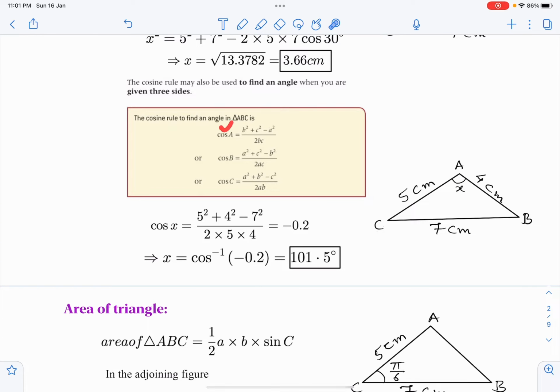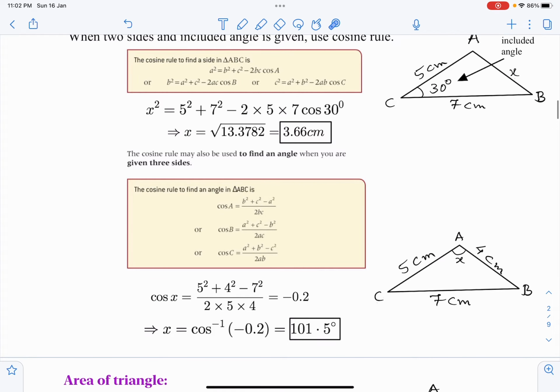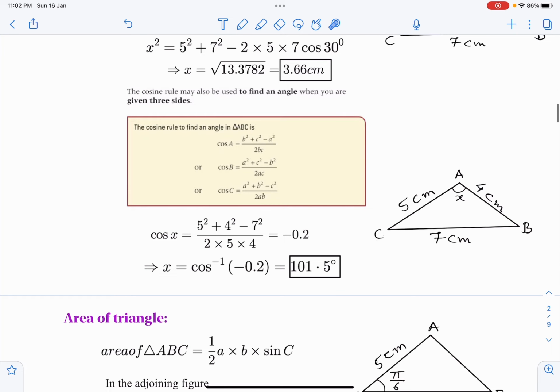Cos A is equal to B square plus C square minus A square, and those two squares are again together here in the denominator, 2 times BC. Okay, so A is first and A is last. Remember it here. In the same way here, x is first and the angle in front of x is last. Okay, so in this way you can remember it.